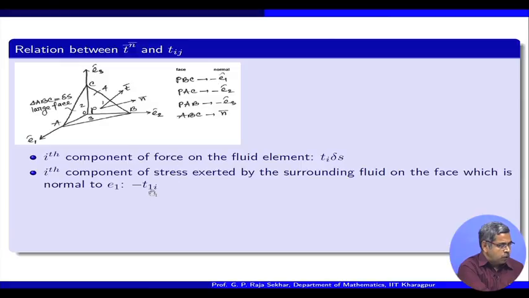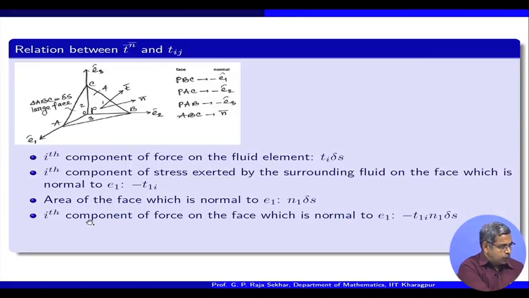This is the corresponding stress, where the index denotes the surface with the normal, and I denotes the ith component. Then the area of the face normal to E1, that is, the area of face PBC, is by general geometry the normal component times the surface area of this.